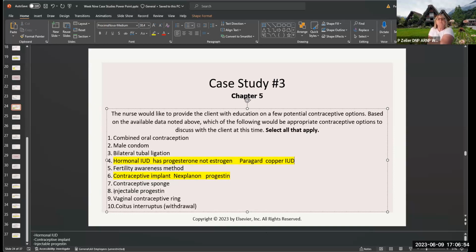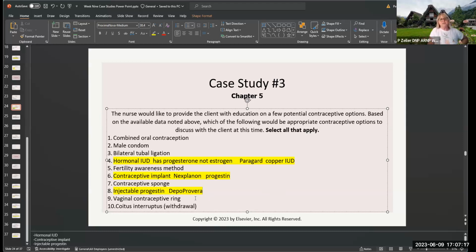It's pretty reliable. Isn't that the depot shot? The Depo Provera. That's the brand name. It has really bad side effects though. Weight gain, but it works well for certain populations of people.